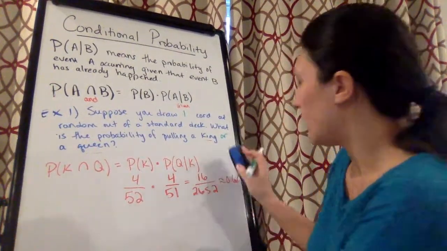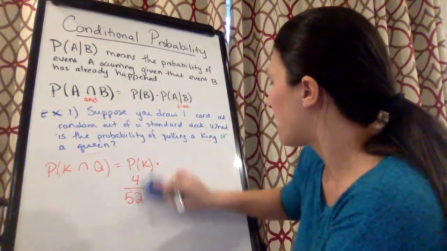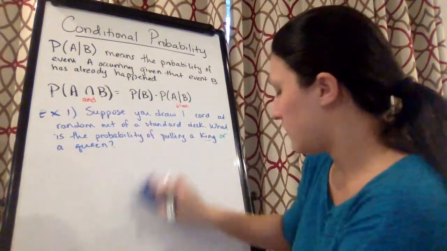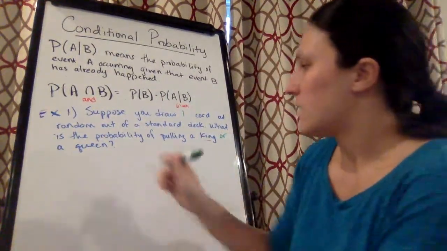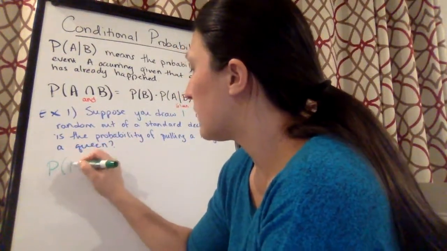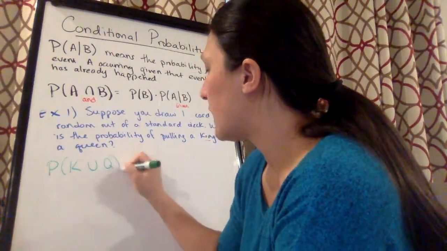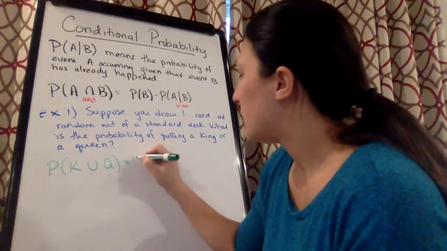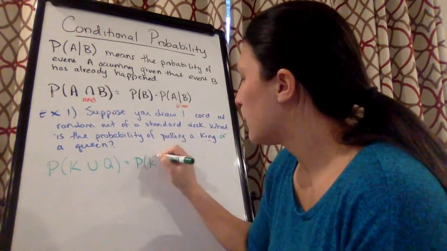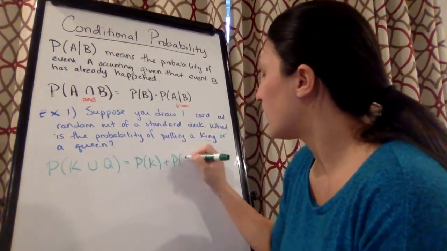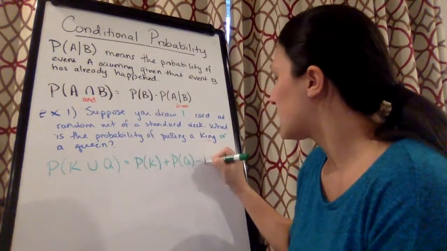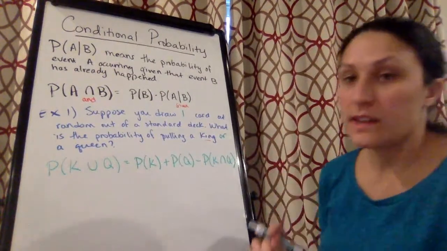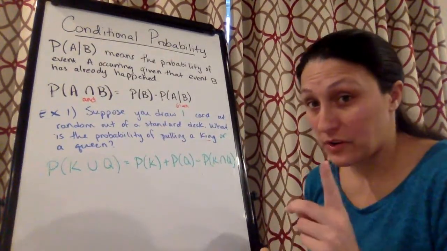So the probability of king or queen, that's that union notation that we studied. That means we need to know the probability of pulling a king plus the probability of pulling a queen, minus the probability of pulling both in a single card, in 1 card.